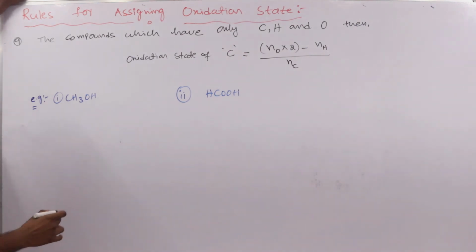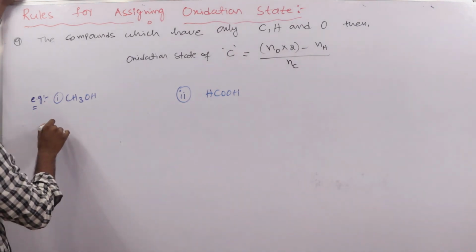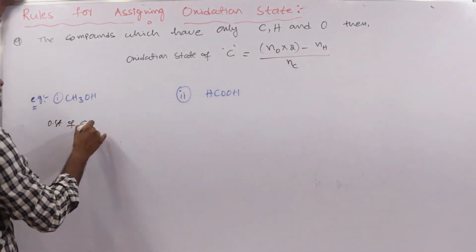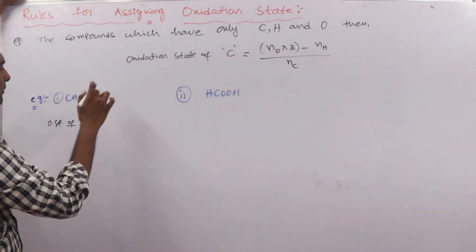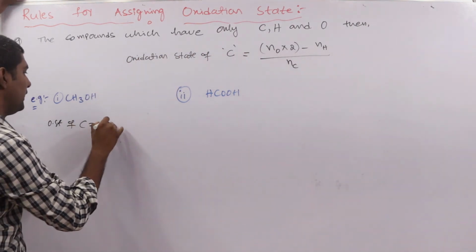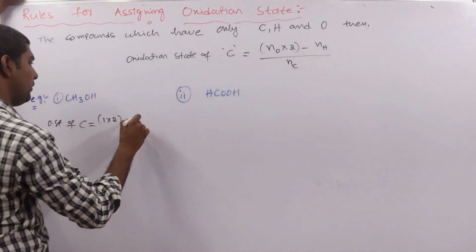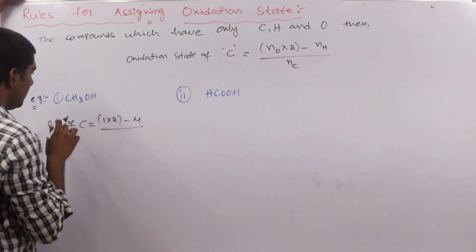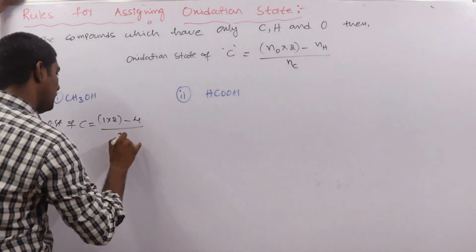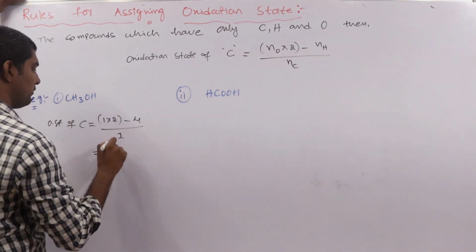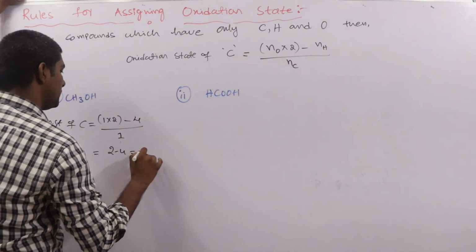This is methyl alcohol. Here the oxidation state of carbon is equal to number of oxygens 1 into 2 minus how many hydrogens we have? Total 4 hydrogens, by how many carbons? Only 1 carbon.